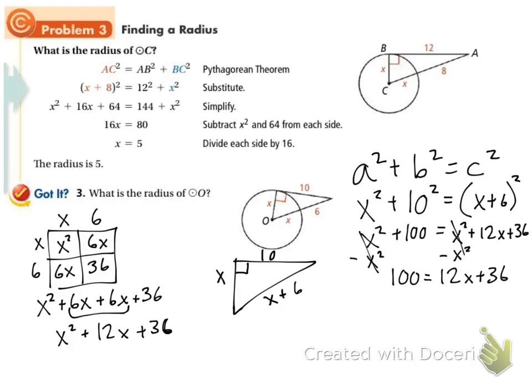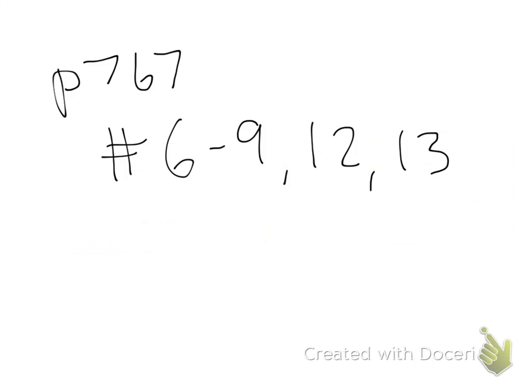Don't forget, our whole goal here is to solve for the radius. What is x? So I'm trying to get x alone. So I'm going to subtract 36 from both sides. So 12x is equal to 64. And if I divide by 12 on both sides, we get that x is equal to 5.3 repeating. So let's just round it to 5.3. And that is our radius. And there's your homework.